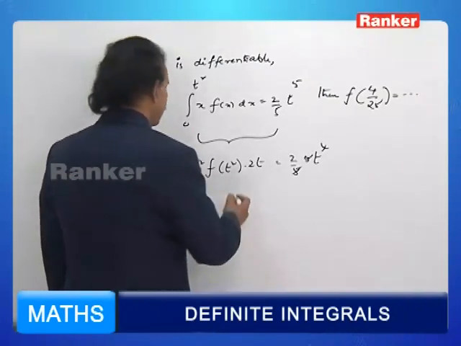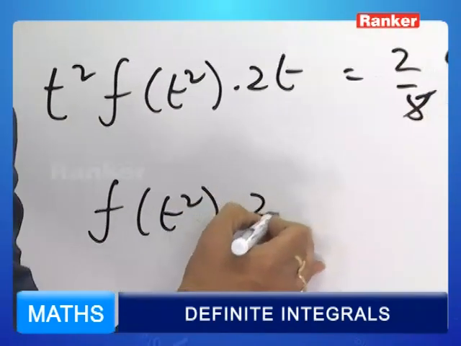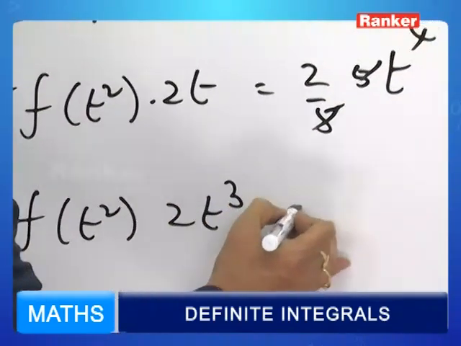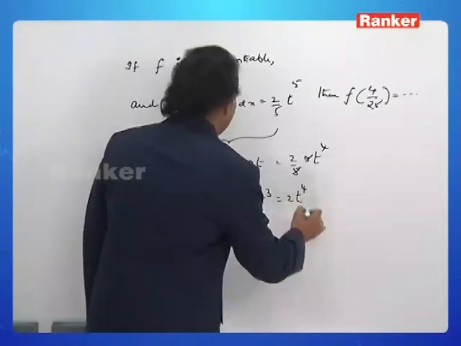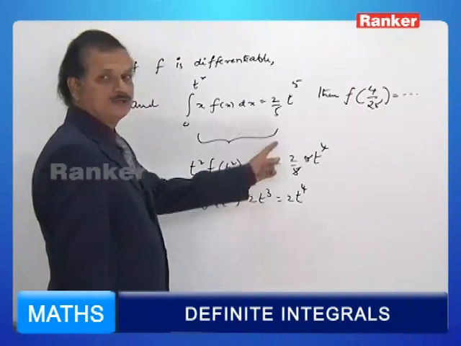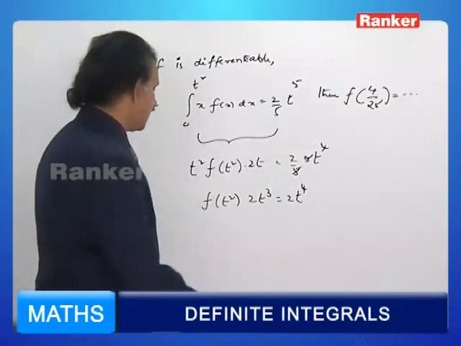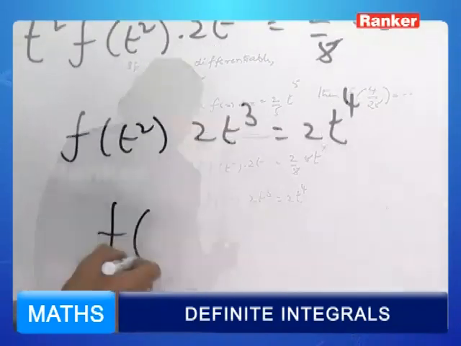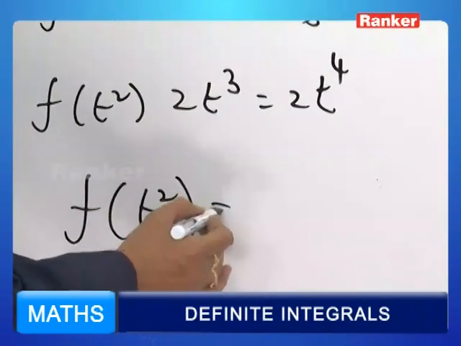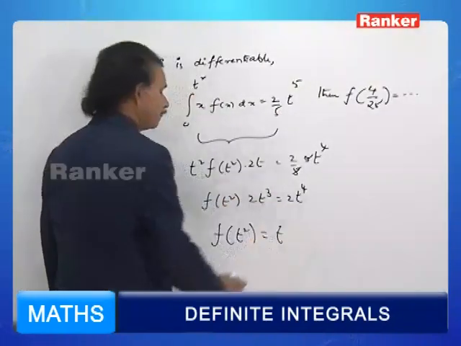What happens? This is f of t square into 2t cube is equal to 2t power 4, isn't it? 2t into t square is 2t cube. Now let me cancel 2t cube on both the sides. What do you have? f of t square is therefore equal to t.